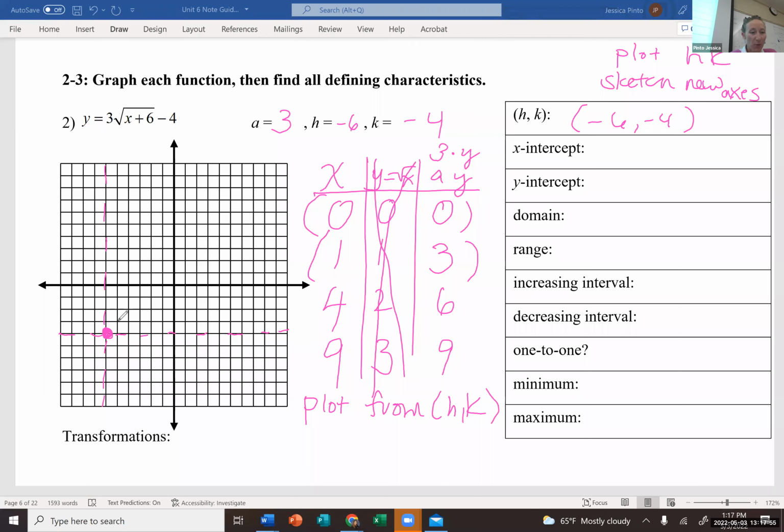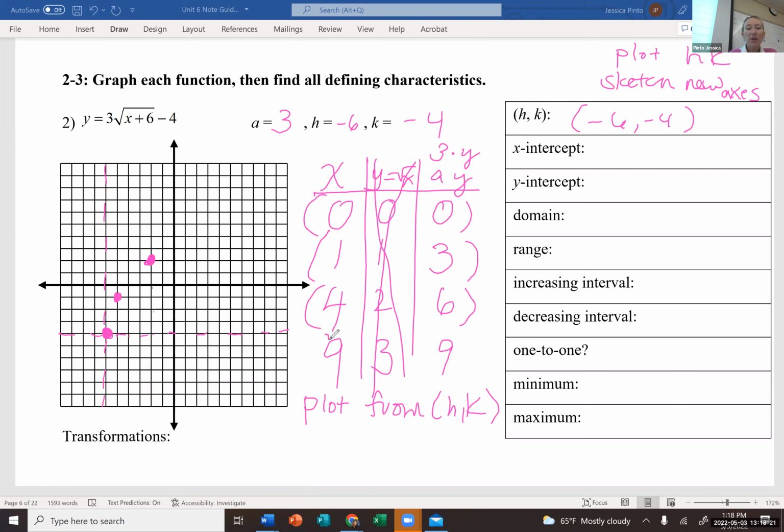So over 1 and up 1, 2, 3. After that, I'm going to go over 4 and up 6, but I need to begin back at my HK. So starting back here, I'm going to count over 1, 2, 3, 4, and then up 6. So 2, 4, 6.